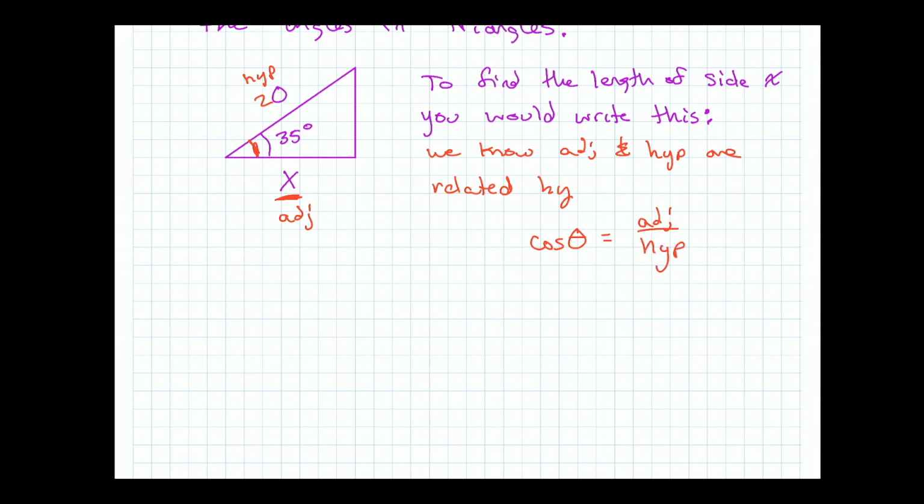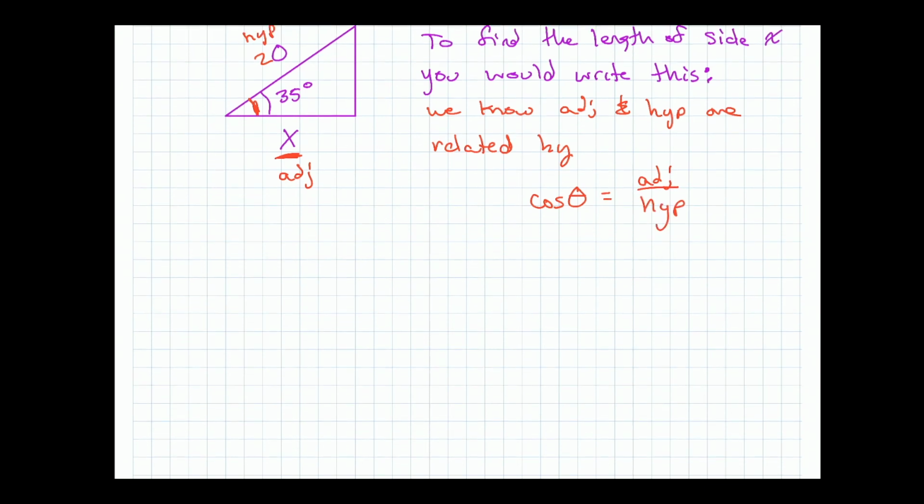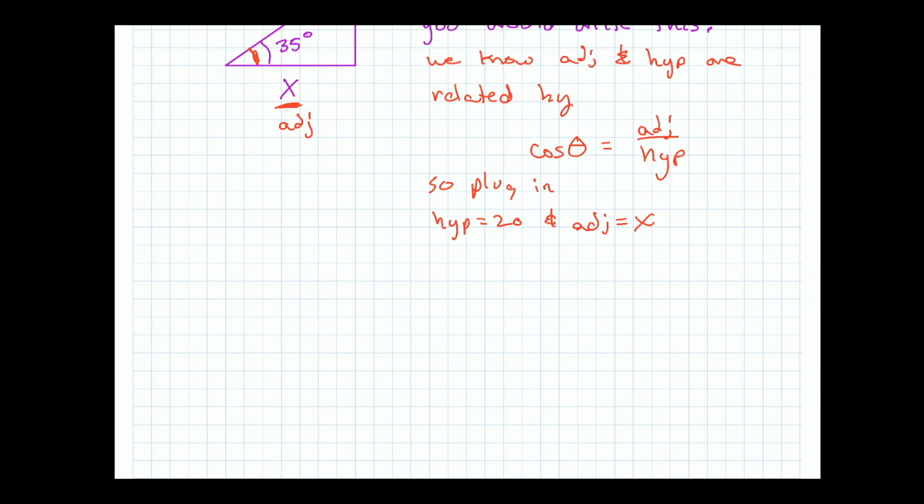And then from there, you can plug in the sides in terms of variables. So what do we know? We know that the hypotenuse is 20, and we know that the adjacent side is x. And also we know theta was 35 degrees.